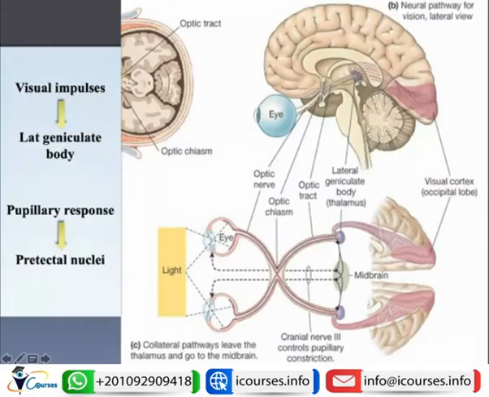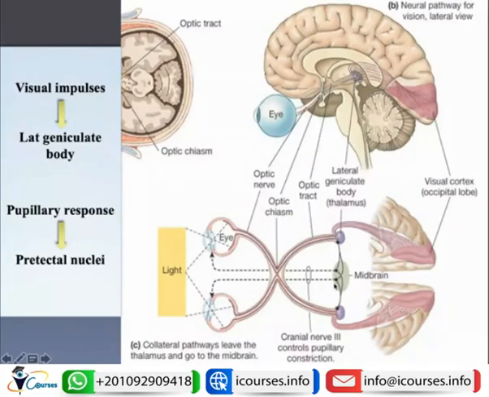So where then shall it go? After the nerve fiber layer from all ganglion cells arises from the retina, the fibers go to the optic nerve to leave the eye, reaching either one of two destinations: either the lateral geniculate body or the midbrain, into the pretectal nucleus.